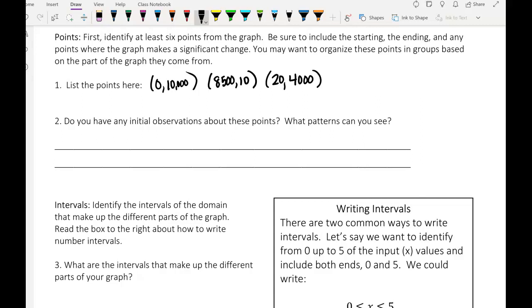All right, Jordan, what's a point you and your group came up with? 2,000 and what? But the 60 goes first, right? It's 60 comma 2,000. All right, Sion, what's a point you came up with? 43,000.